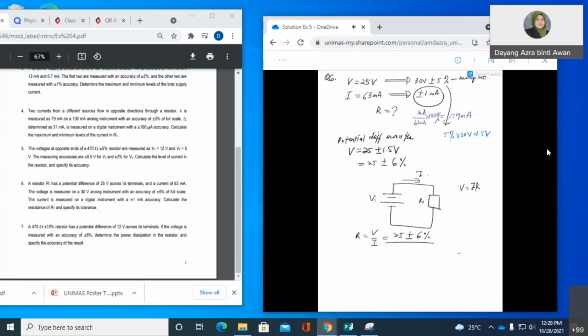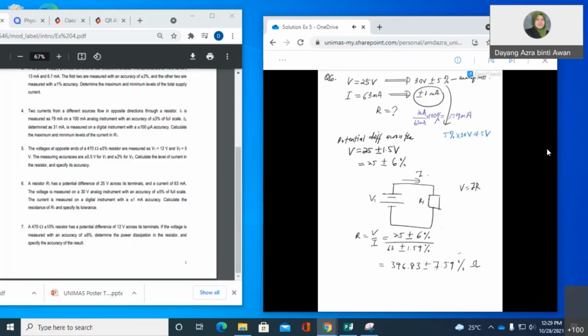So from here the current you have is 63 milliamp plus minus 1.59%. So here you get your answer, 396.83 plus minus 7.59% ohm. So this is the value of the resistor.